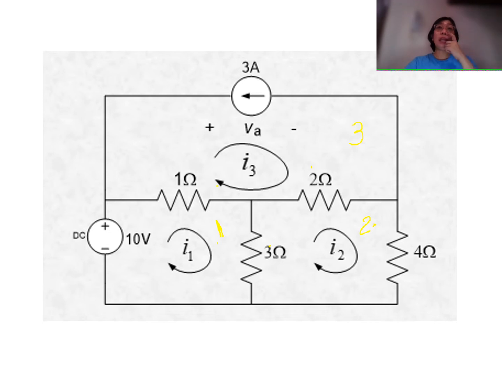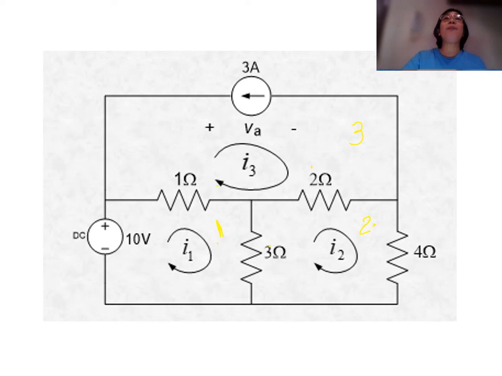So that means we need 4 equations. 3 equations are easier to solve simultaneously compared with 4 equations. Therefore, this type of circuit is easier to analyze using mesh analysis.